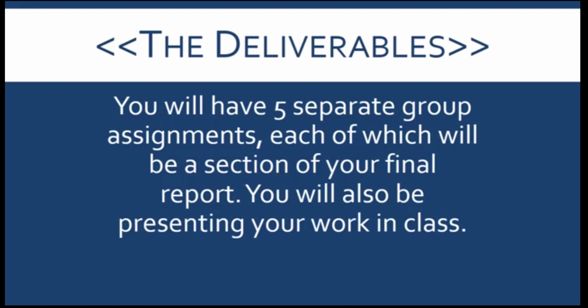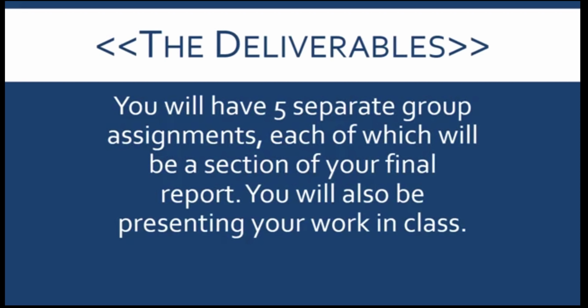So how is this going to work? You're going to have 5 separate group assignments, each of which will be a section of your final report. So the last assignment is the final report. Let me tell you how this works. Assignment number 1 is that you are going to need to produce essentially a proposal.